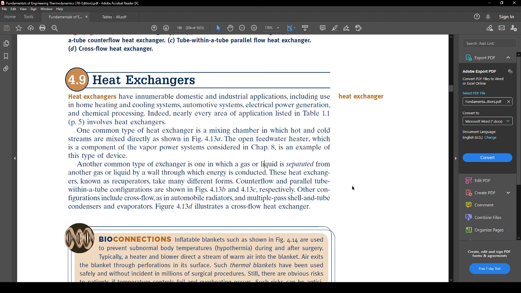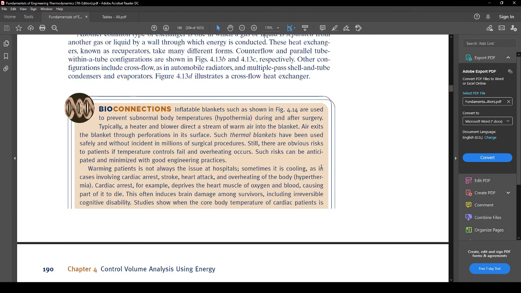There's a bunch of heat exchanger types. I don't know if anyone in here has taken ME 302 yet, but you get into what each one of these does, like why you use them. But in this class, we're more focused on the entrance and the exit and the differences between the two. That's where we're at.